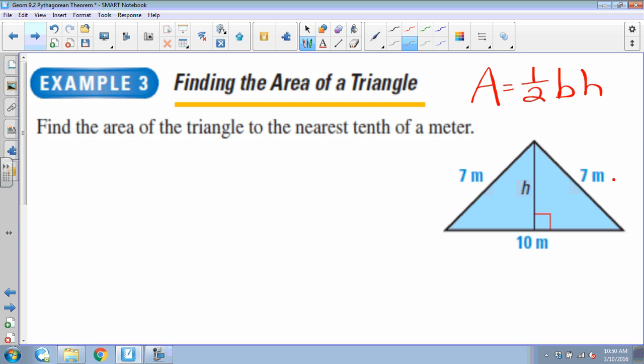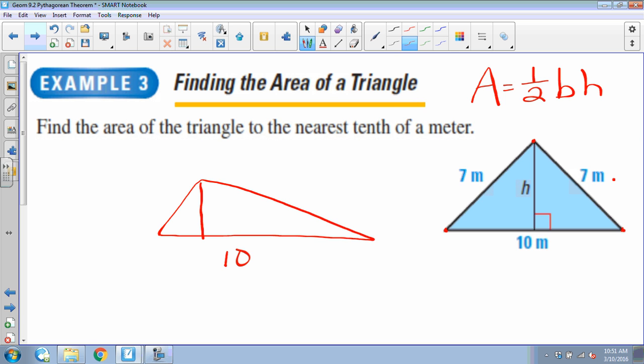No, because if I drew a triangle like this and dropped it down, and I told you this whole side was 10, because it's an isosceles, yes, because the two sides are the same, that means the distance from here to here is the same as from here to here.